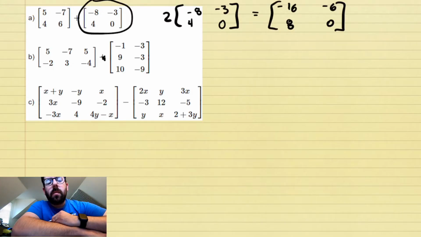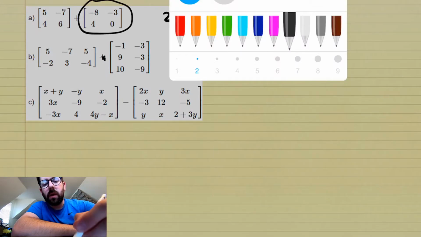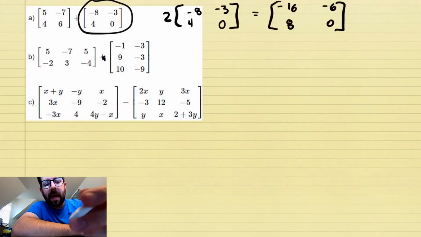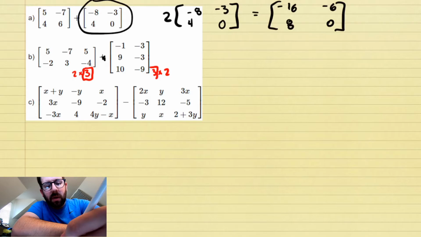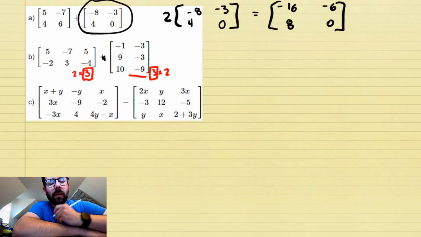That's easy. But products are different. For you to be able to multiply two matrices together, if I go to these matrices, this matrix is a 2 by 3, it's 2 rows, 3 columns. This matrix is 3 rows, 2 columns. This is how I remember how you can multiply. You look at the numbers for the dimensions, the numbers that are closest together.